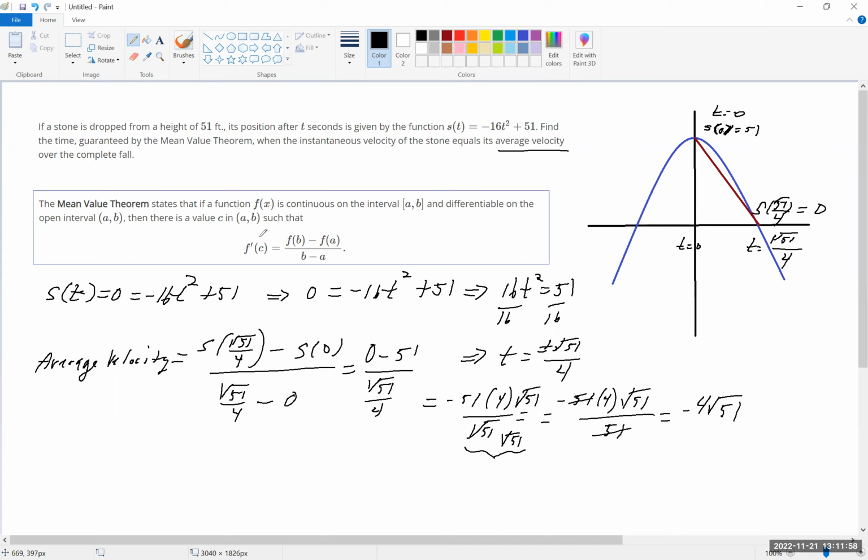Okay, so now I need to find the derivative of my function as the mean value theorem states.